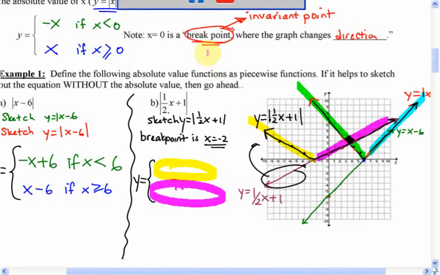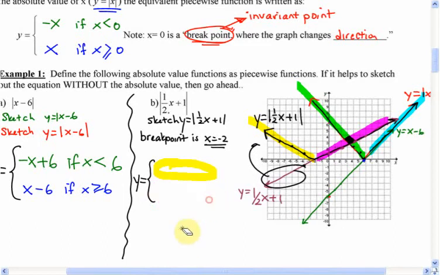I think for the one in purple, you should use the exact same thing. So I'll say 1/2, let me erase this. It's 1/2 x plus 1. Same thing as the original without the absolute value signs. What values does this work? What's the domain for this part of the piecewise function?